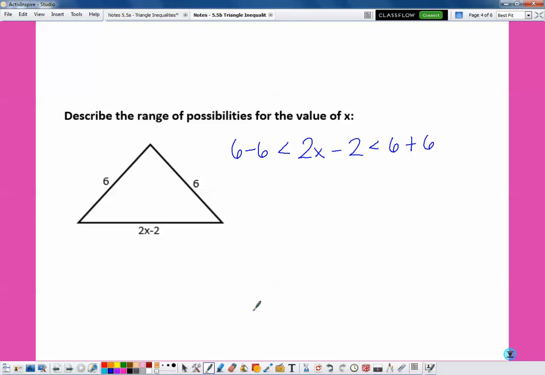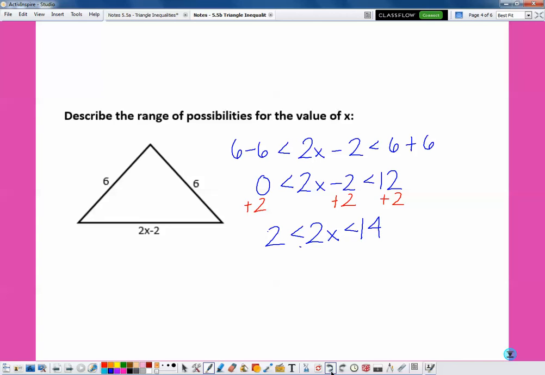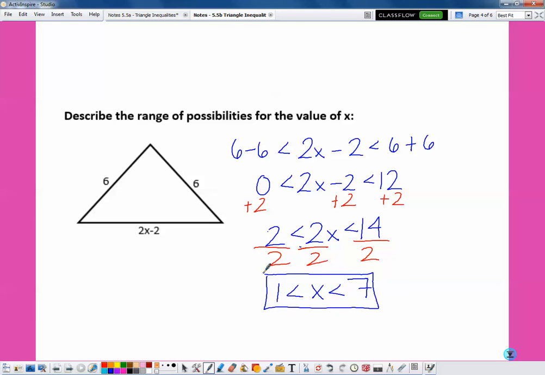Pause the video while you're solving and then check your answer with mine. Hopefully you got that x has to be in between 1 and 7.